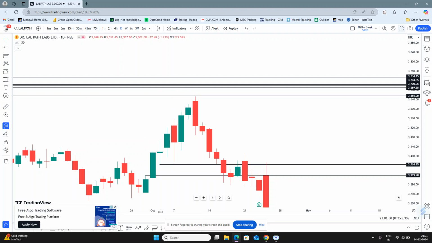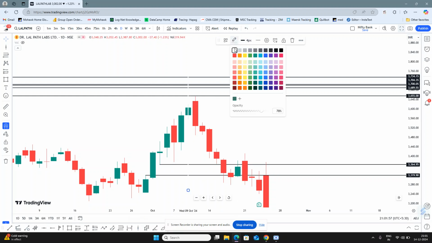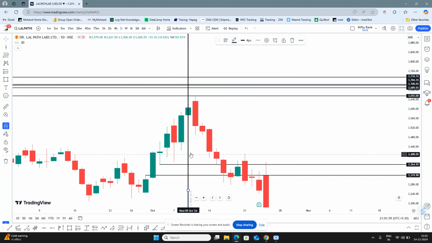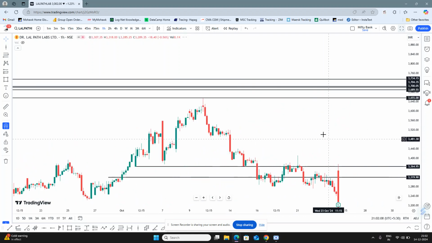When I became active, let's say in this stock on this date, 9th of October, right? That prices are reaching my zone and I should be very active. I will move to 1 hour time frame.